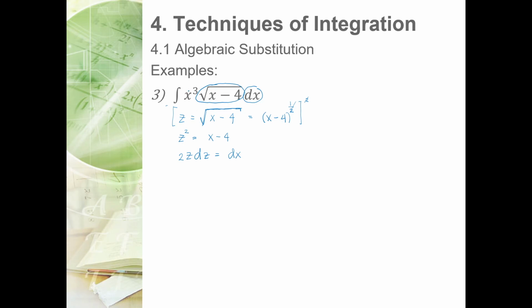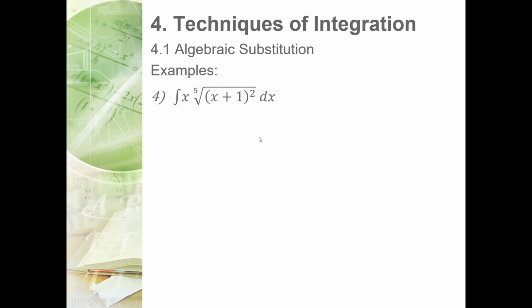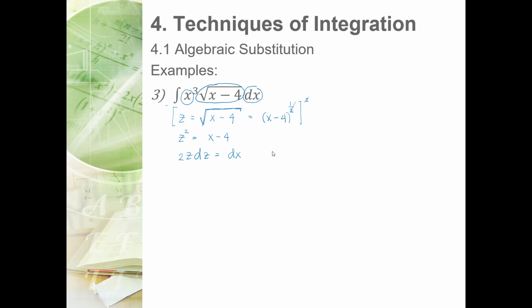For x cubed, we try to replace it with x only. So where do we get this x variable? We get it from the earlier equation. Isolate the x parameter: x equals z squared plus 4.